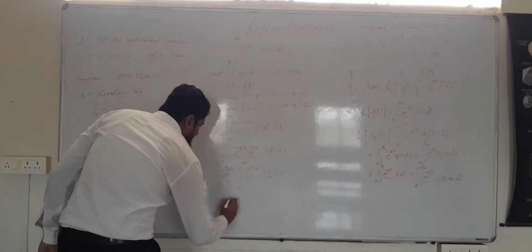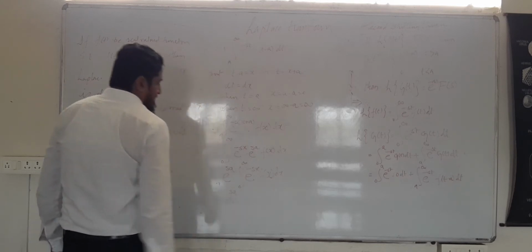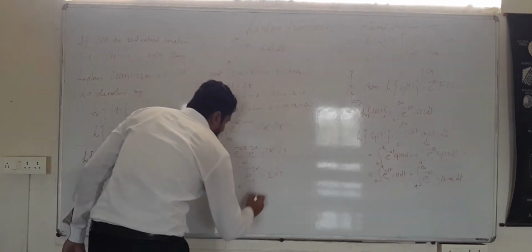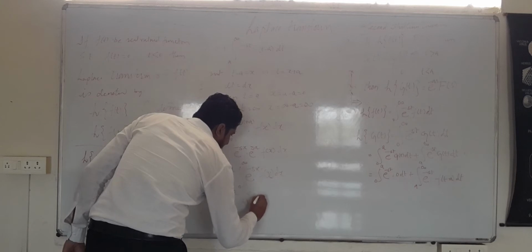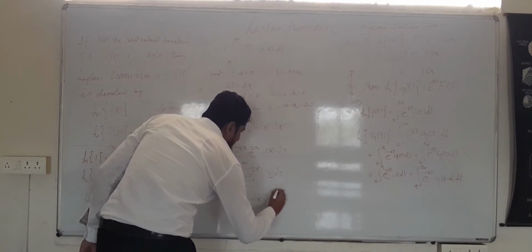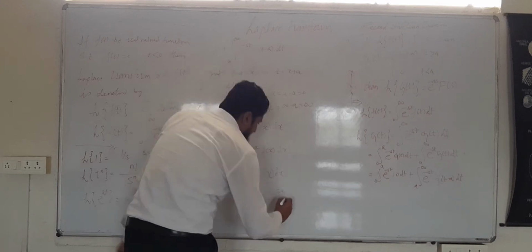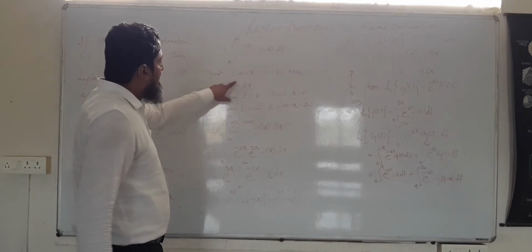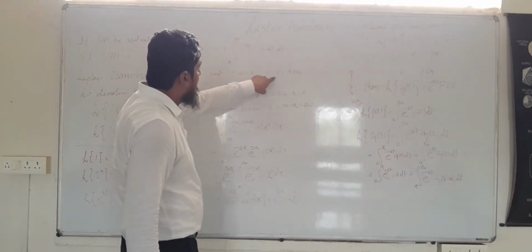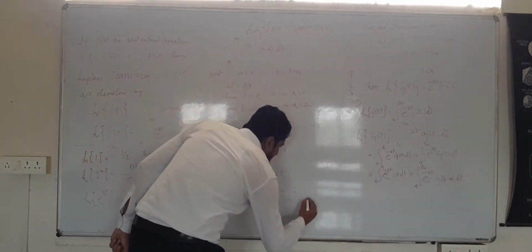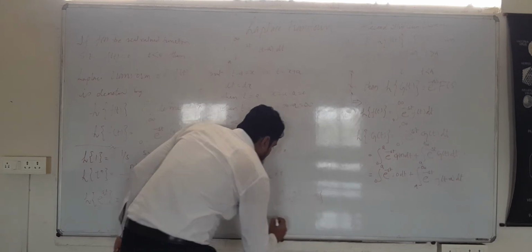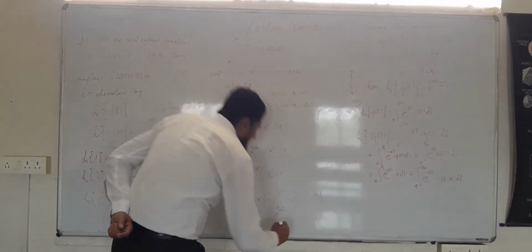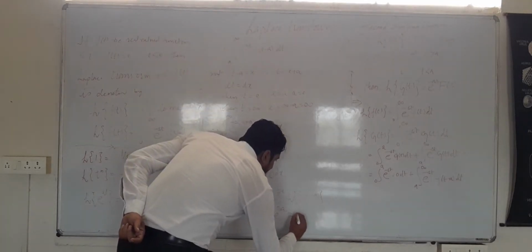And it becomes e raised to minus sa times the Laplace transform of f of x. X is t minus a, so we can write it as e raised to minus sa F of s.